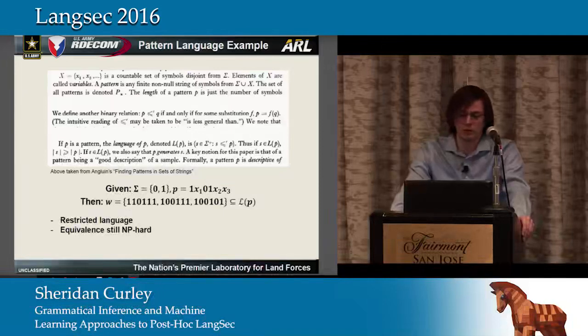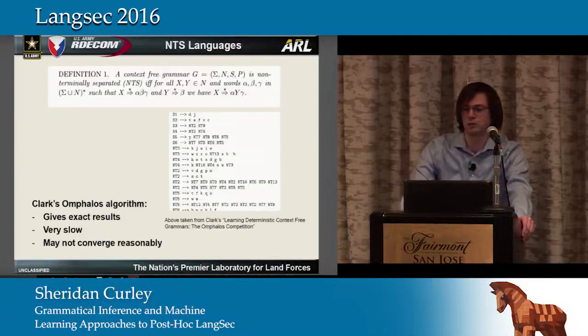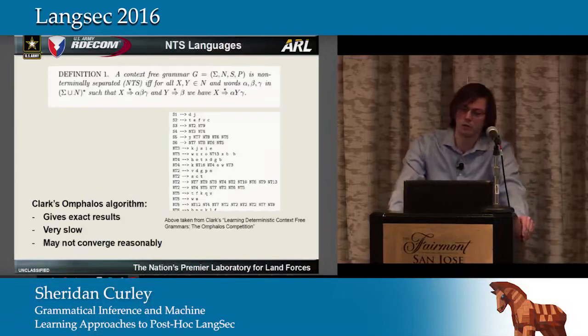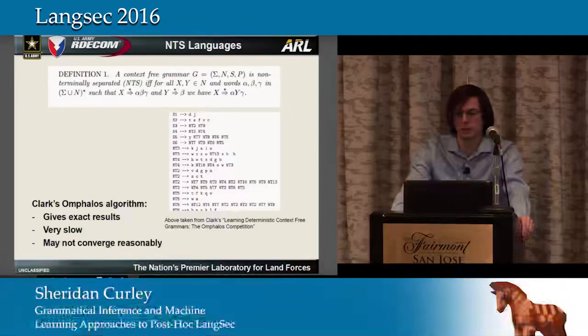Again, the issue with this is that it's a very restrictive language. It's pretty unlikely that you'll, in practice, come across something that has a nice pattern breakdown like that. And even if you do, determining equivalence between these 2 languages is still NP-hard. So it doesn't necessarily spare you if you're trying to identify which language you're looking at.